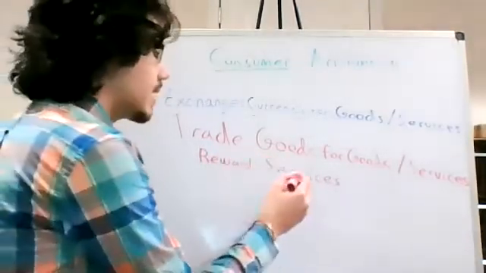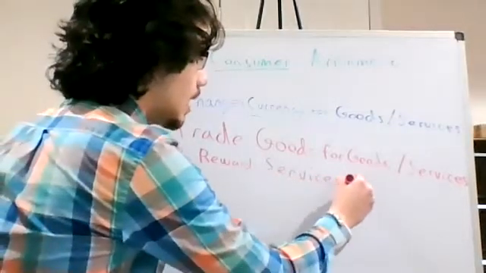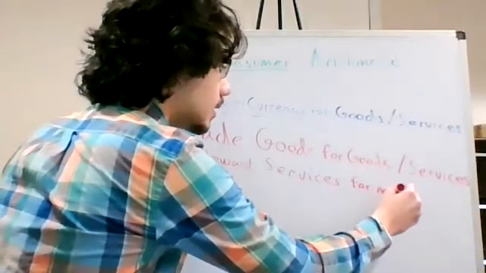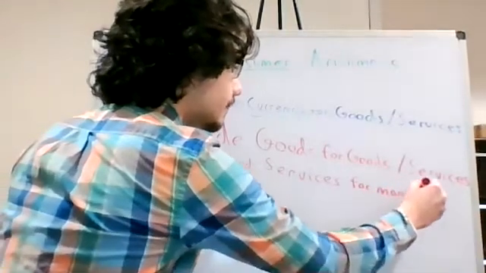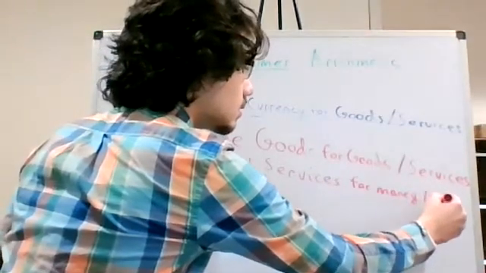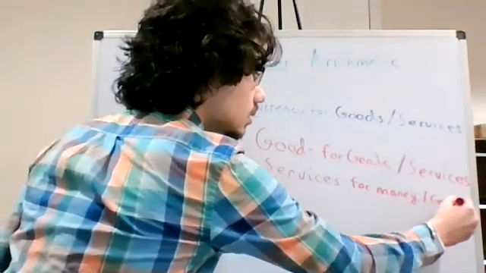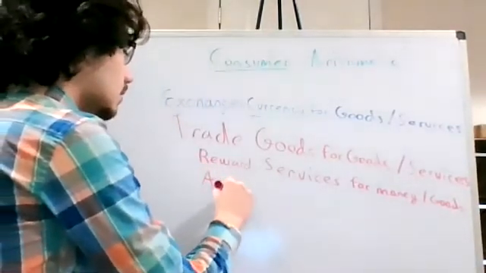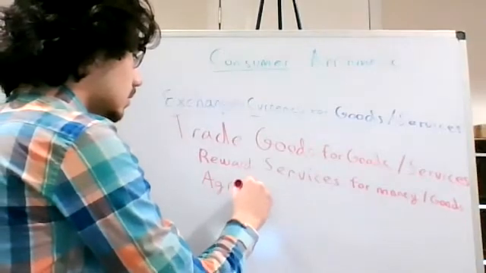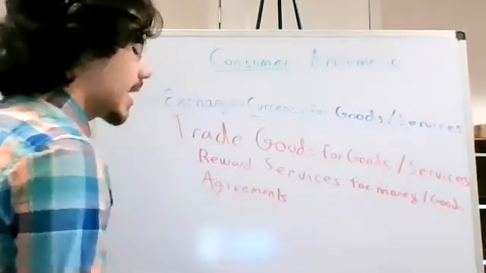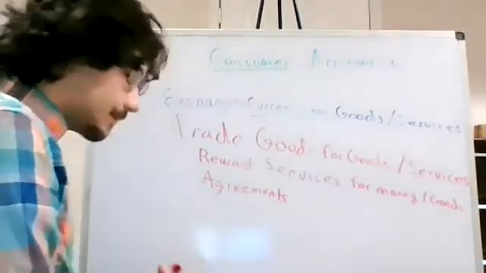Usually a reward would be services for money, and goods, or they refer to agreements. Agreements like contracts and such like that.